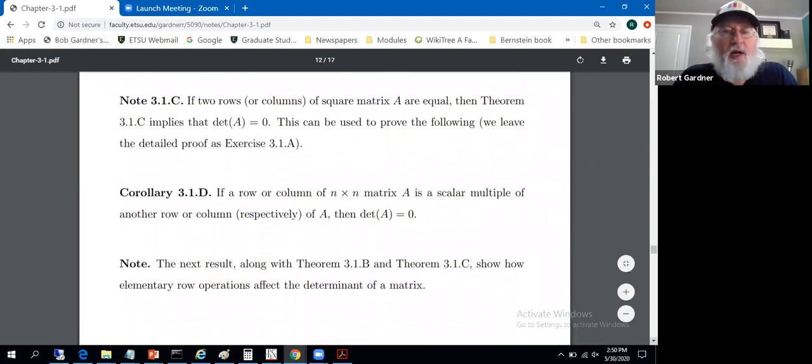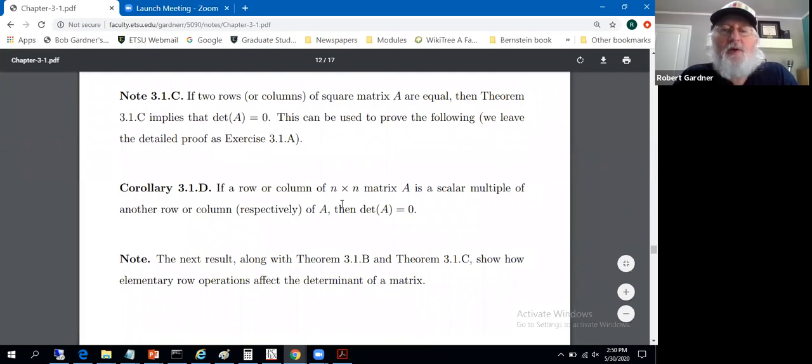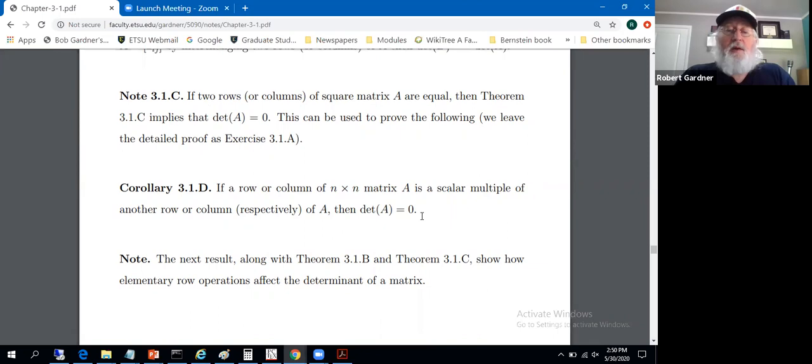And similarly for columns, if a row or column of an n by n matrix A is a scalar multiple of another row or column, then the determinant is 0. What's up with that? Let's multiply one of the rows by k, call that scalar k, to make the two rows equal.